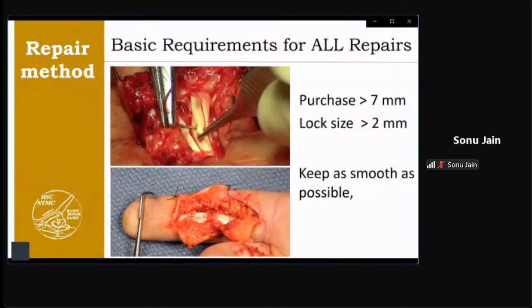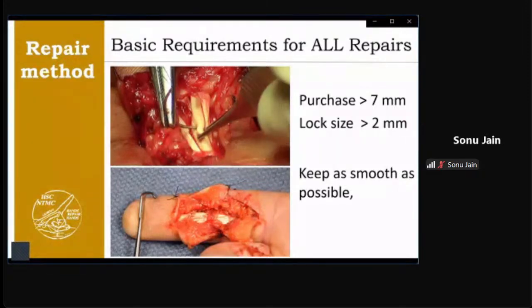The tendon junction site will soften in the first few weeks after surgery. If you put the suture too close to the junction site, the grasping strength or locking strength will be very limited. If you use a locking suture, the size of the lock should be about 2 millimeters.